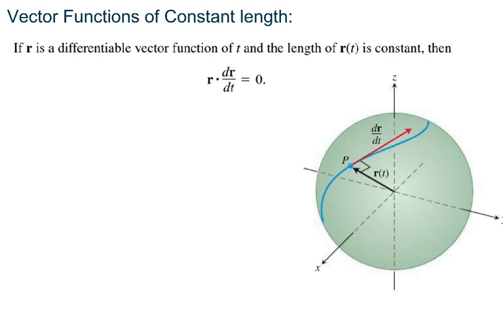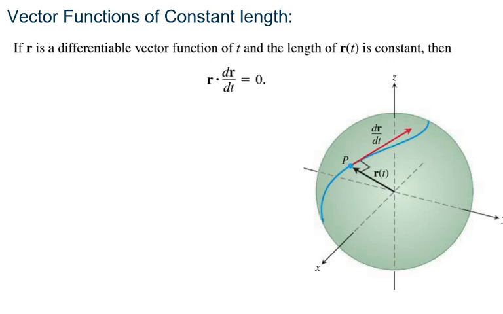And so whenever we know that that position vector's length isn't changing, what we can say is that if my position vector r is a differentiable vector function of t and the length of r is constant, something that we will know is that r and its derivative, which is the velocity vector, which is tangent to the point at that curve, those are always going to be equal to 0 when I dot product them. And that's because they're always going to be perpendicular.